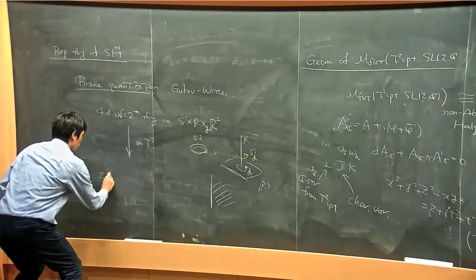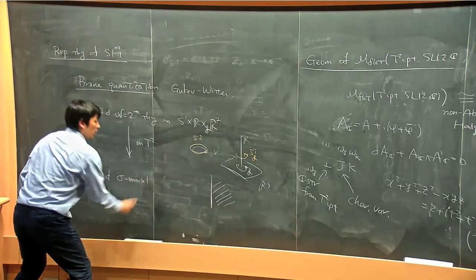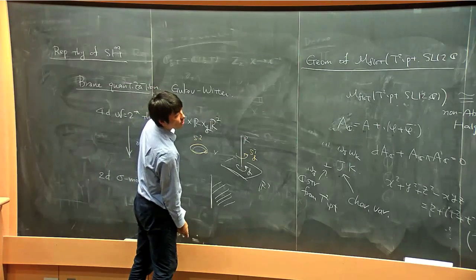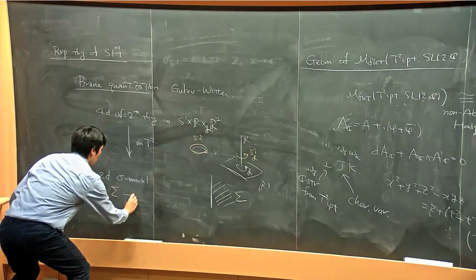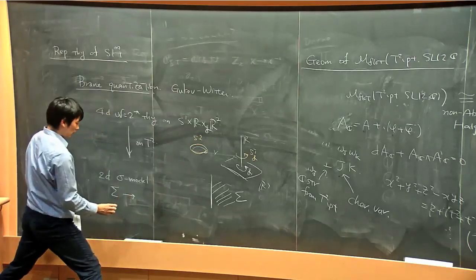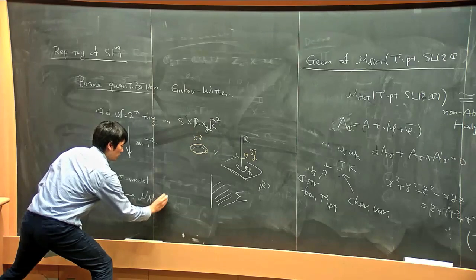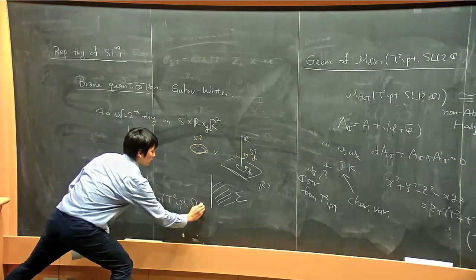And what you would get is a 2D sigma model, whose strip is, I call it, I didn't introduce sigma, I call it sigma. Sigma is mapped to the moduli space of the Coulomb branch, which is the moduli space of flat connections on T2 minus a point over SL2C.